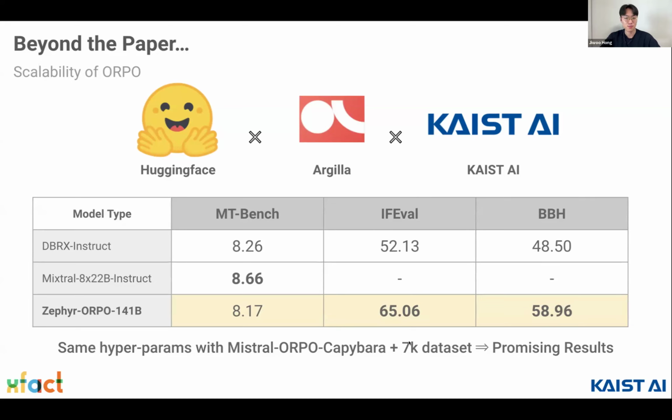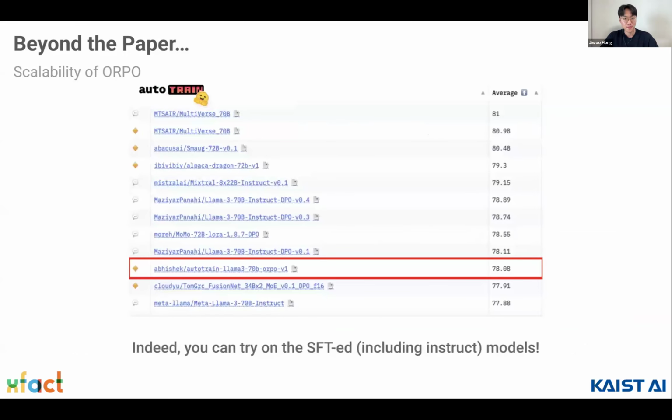Using the pre-trained MoE checkpoints and the 7K dataset, we achieved results closer to or even exceeding similar size models, which are DBRX Instruct and the Mistral Instruct announced by Mistral AI itself. It took 1.3 hours to train the 141 billion model on 32 H100s, which is a pretty short time regarding the size of the model.